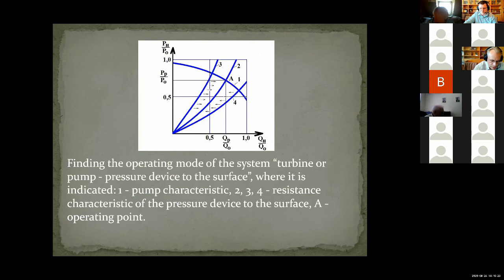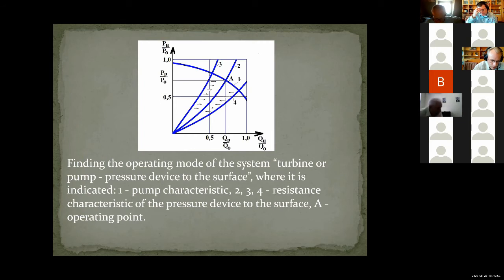In this case, graph 2 corresponds to the nominal operating mode, and graphs 3 and 4 show deviation from the nominal mode. This point determines the supply of the required amount of air by the injection device into the system and the pressure developed thereby. Thus, the intersection point is the working point of the system under consideration.